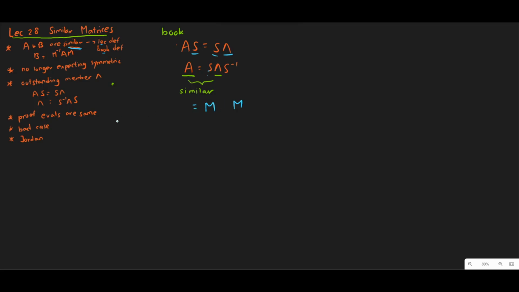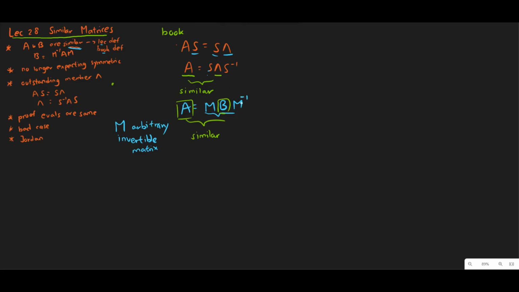And you don't need the diagonal matrix lambda either. You can pick any matrix B, and if this multiplication equals A, then A and B are similar. Notice I forgot the inverse here.